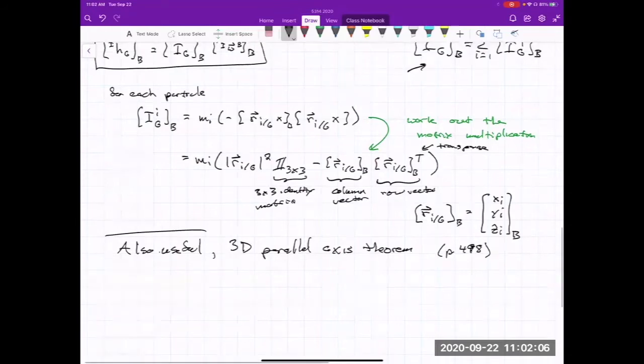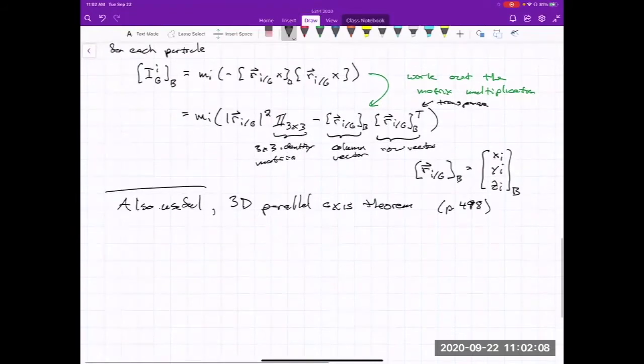But the result is, let's say you've got your center of mass G for a collection of particles, and then some other point Q, and here's the location of Q with respect to G. So Q is some other point on the rigid body.